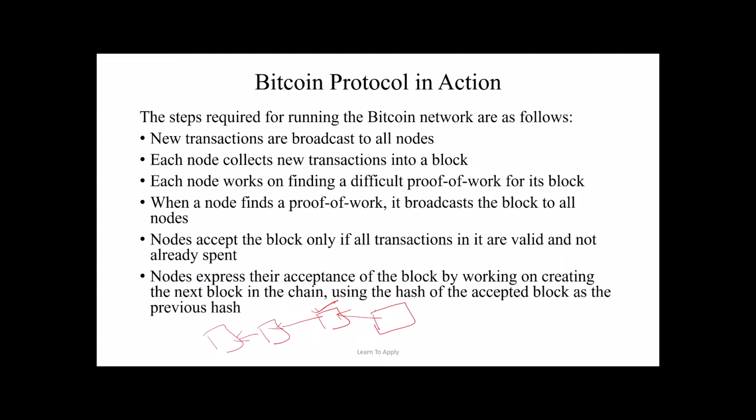When some node is able to successfully mine a block, this is the fresh block, and now it is referring to the previously mined block. This is called acceptance, because the nodes have accepted this block. Now they are trying to refer to it as the previous block in order to mine the next block.